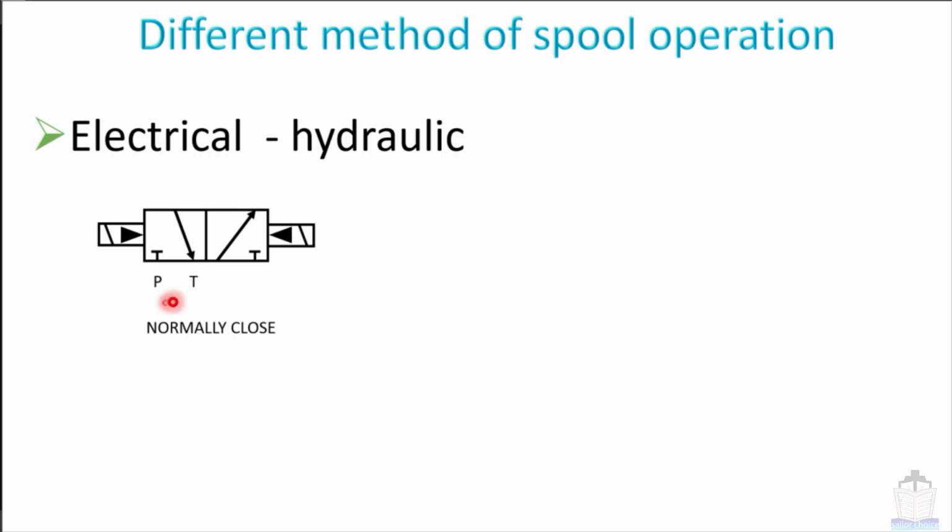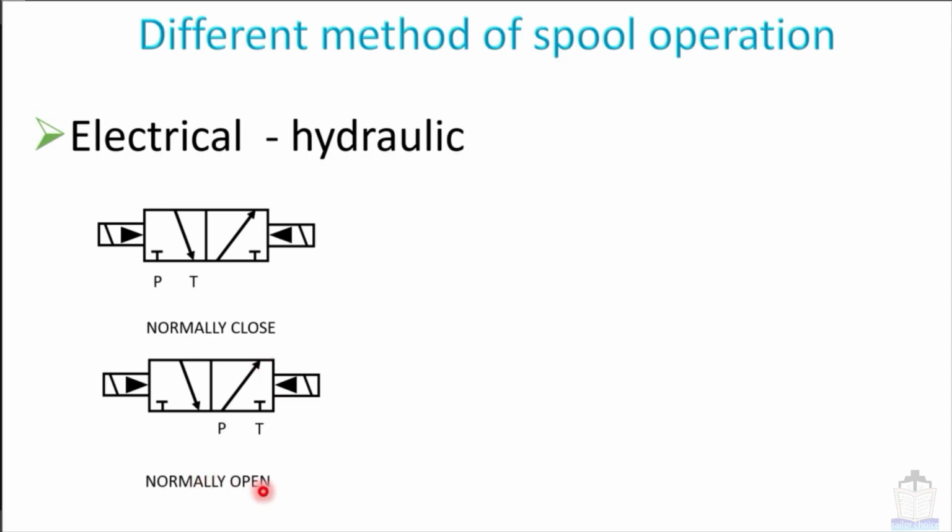Because you can see this is the P port, that is the pressure port, and this pressure port is closed over here. So that is called normally closed. Second, the same thing, electrical and hydraulic, but this time the pressure port is present over here, and this pressure port is allowed to connect to the other port. That means this valve is normally open type.